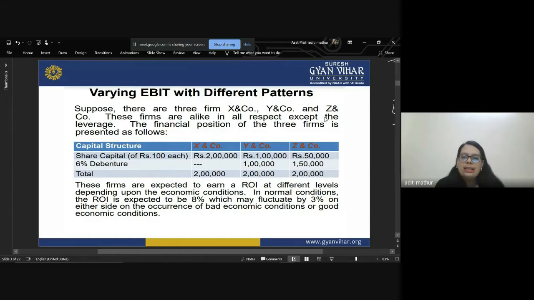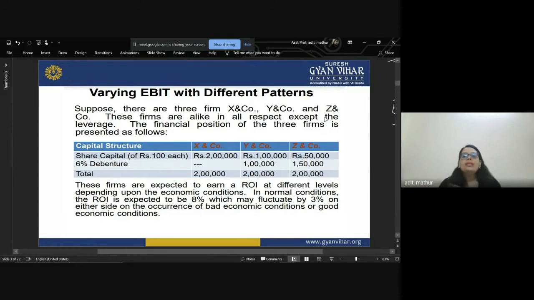Further, they say that these firms are expected to earn an ROI at different levels depending on the economic conditions. In normal conditions, the ROI is expected to be 8%, which may fluctuate by 3% on either side on the occurrence of bad economic condition or good economic condition.